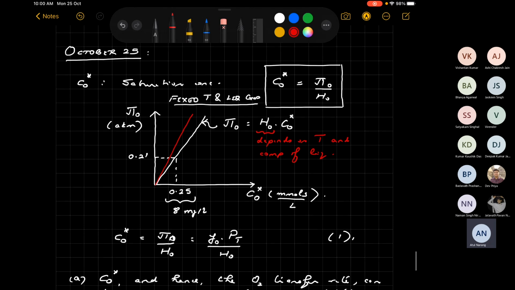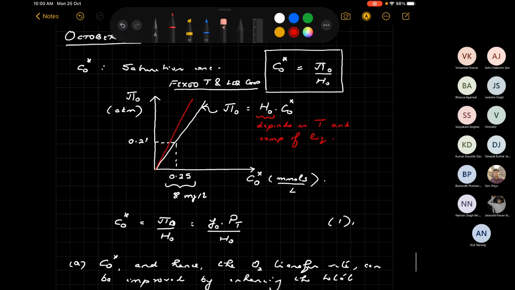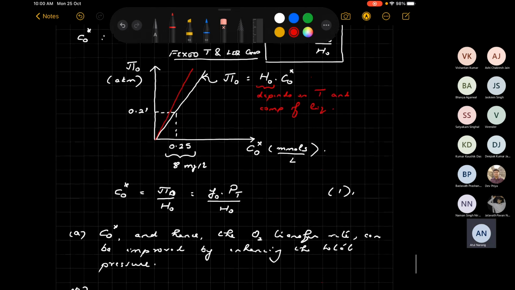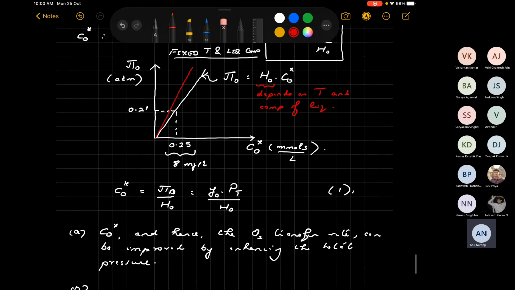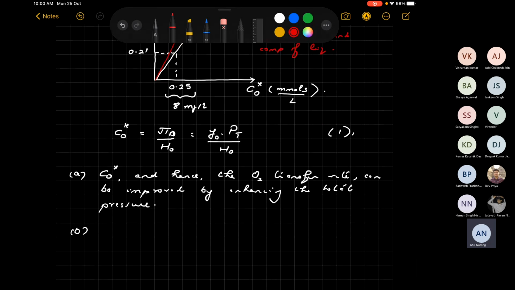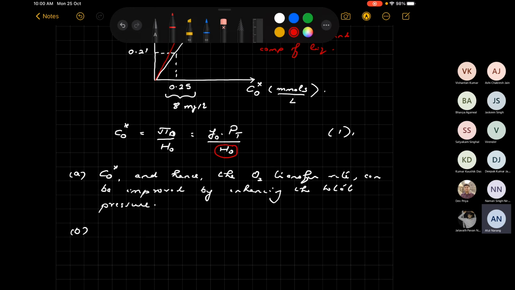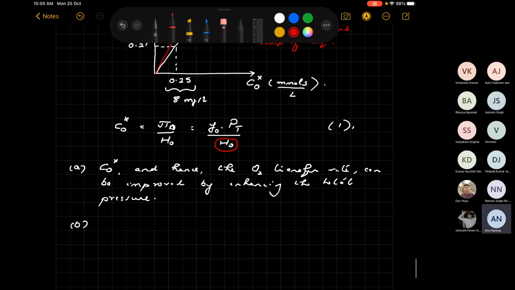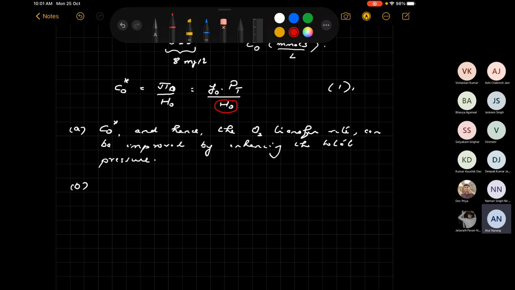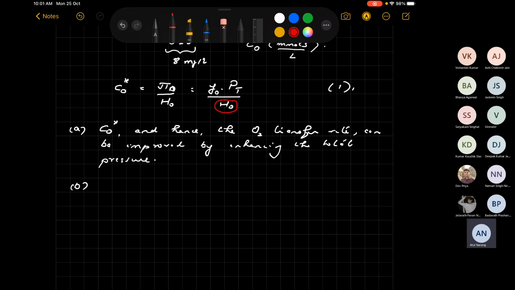So mathematically, let me just summarize it. The dependence on the pressure is really straightforward, right? Just increase the pressure and C_O* goes up. Its dependence on the temperature and on the medium composition is embedded in the variation of the Henry's law constant with the temperature and the composition. And you can see these in a table.